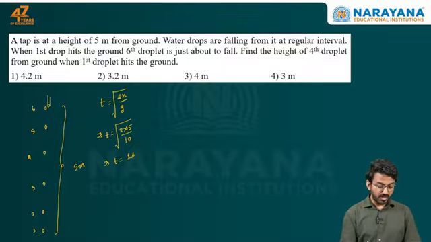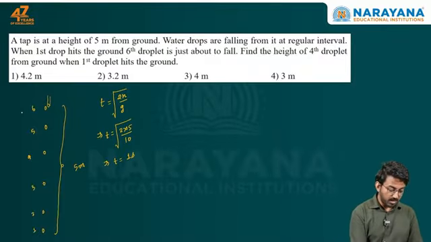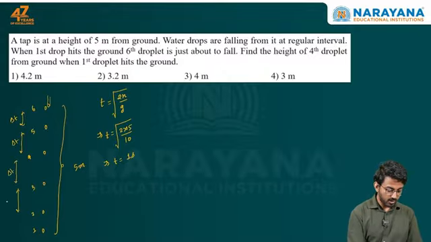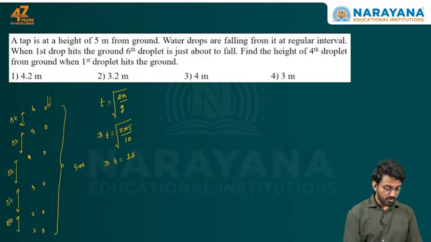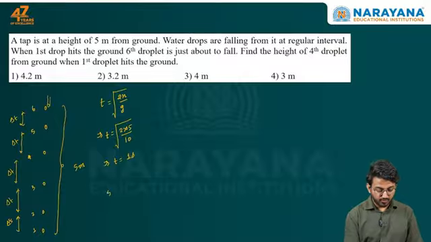So the first drop has taken a total of 1 second to fall down, and they are saying the droplets are coming at regular intervals, meaning that all of them have the same time duration. The time gap between them is equal, and we have a total of 5 delta t. So 5 delta t is equal to 1 second, giving us delta t is equal to 0.2 second.